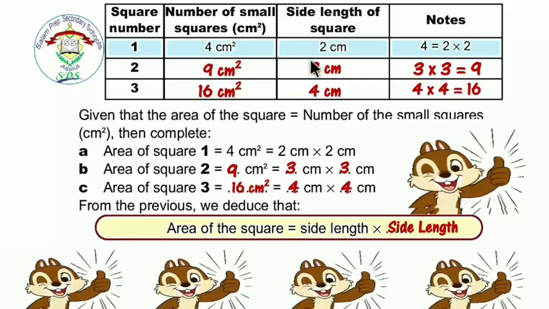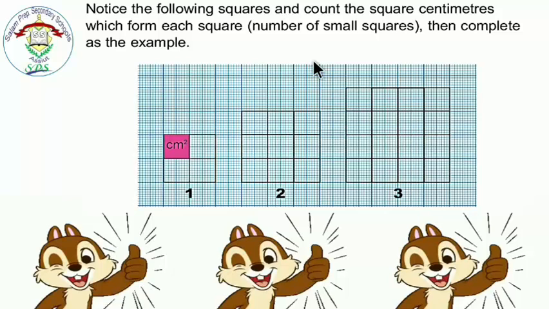Please look with me at the figure. This figure, square 1, you can count the square centimeters like that, 1, 2, 3, 4. And also you can multiply the row and column like that.